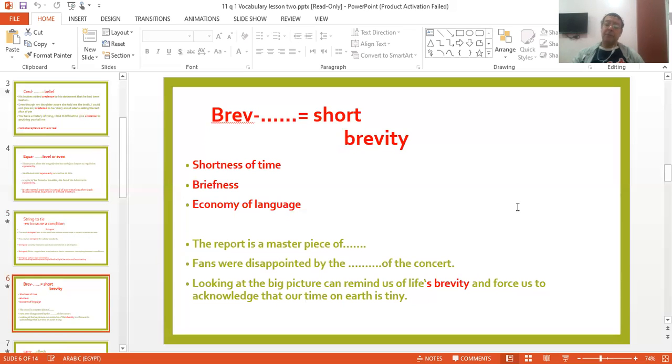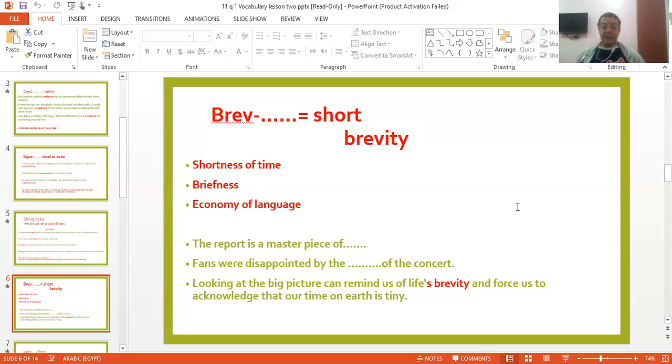If you have four choices, all having the same meaning, and one choice is shorter than others, so it's briefer, choose the briefest answer. There is no point in wordiness. So brevity is actually the opposite of wordiness.